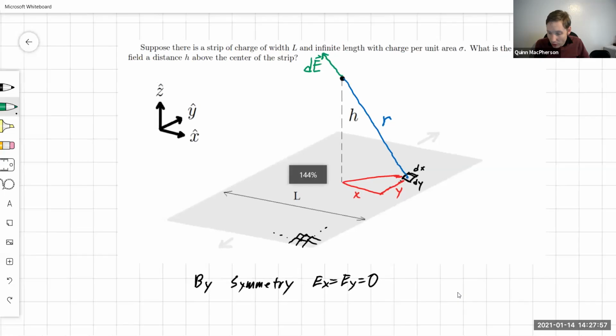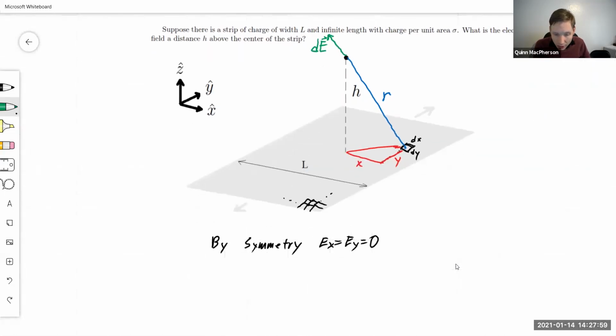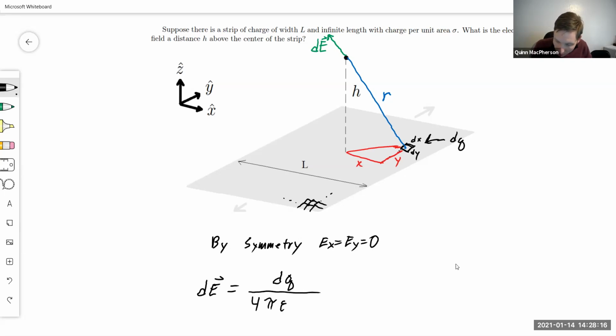To find that, we can use Coulomb's law. We can say that the dE vector is equal to dq, where that little charge there is dq, over 4 pi epsilon naught r squared, where r is the distance, this blue distance here. What is dq?